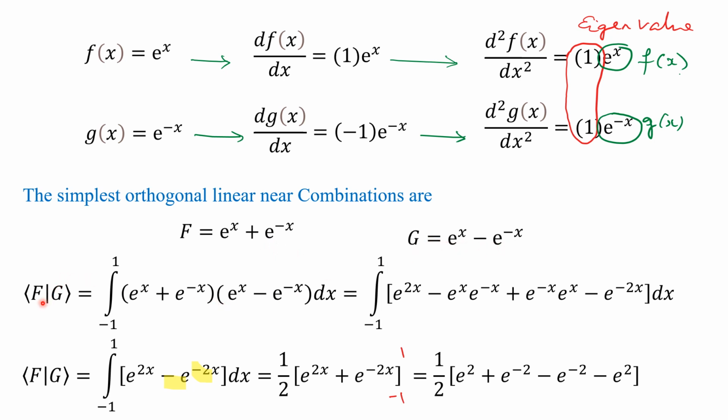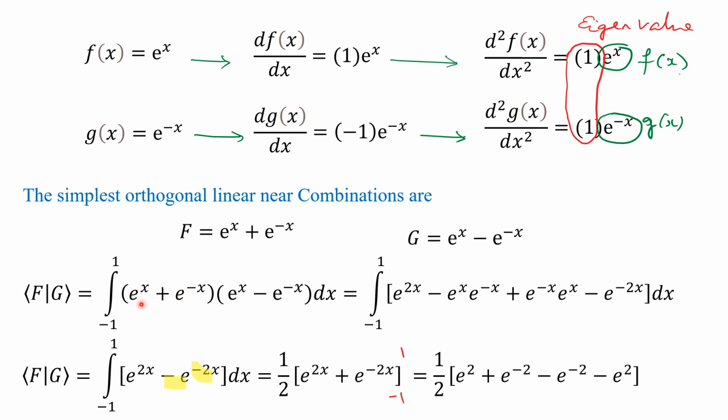Now you take the inner product of capital F with capital G. You take this function and this function and multiply, with the integral limit as per the problem. The limit is given between minus 1 to plus 1. So you multiply both: e power x into e power x, you will get e power 2x.